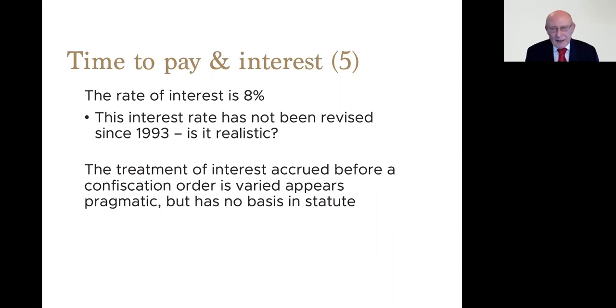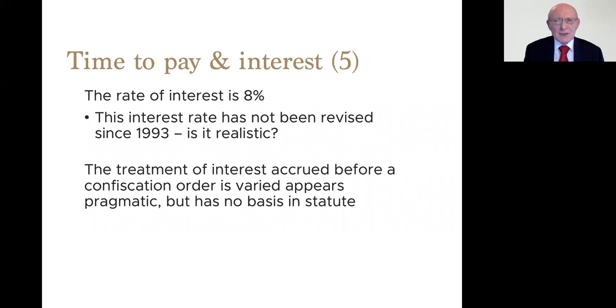So 12 months, 2 years after the order was made, the defendant might come along and say, I've sold my house now. I didn't make what I thought, what I hoped. My available amount is reduced. I want to vary the amount I have to pay by making an application under section 23. Fine. What happens to the interest?